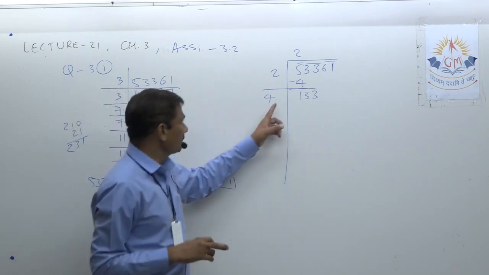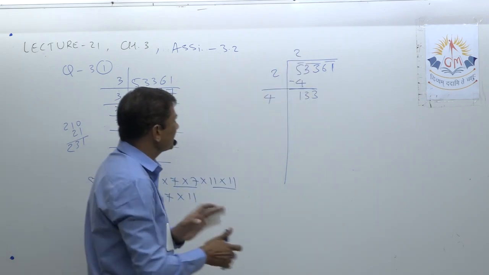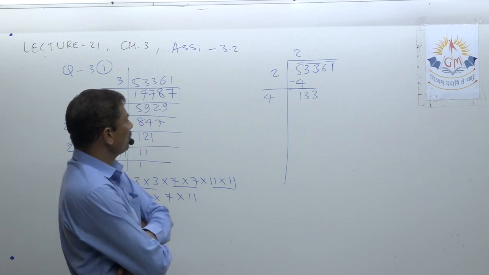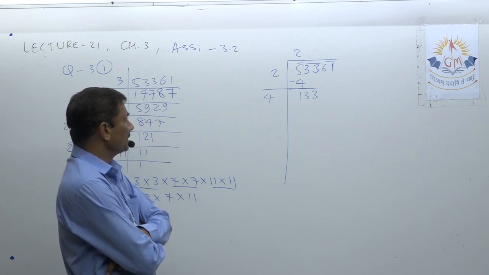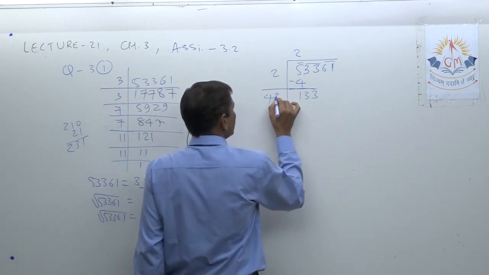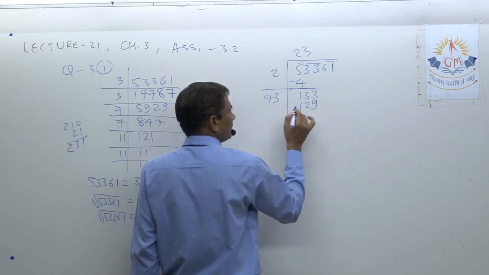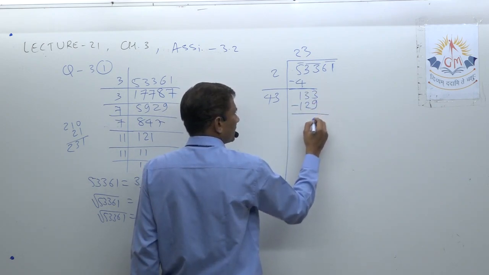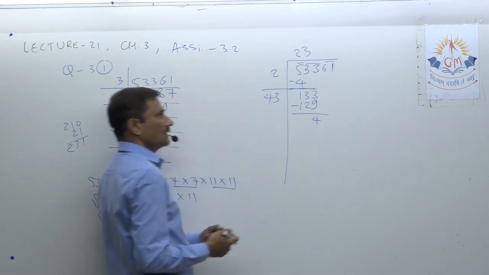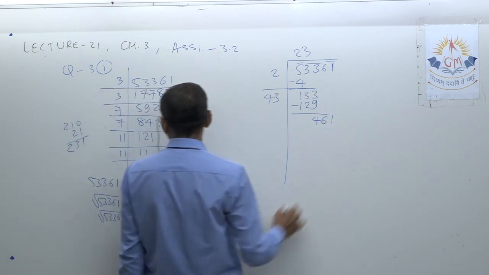Whatever number you place here, the same number will be there. So yes, just try. I know 43 3s are around 120, so maybe 43 3s are like that. So just look for 43 3s are. 3 3s are 9, 4 3s are 12. Now subtract them. 13 minus 9 is 4. So 4 left only. Now bring down this.